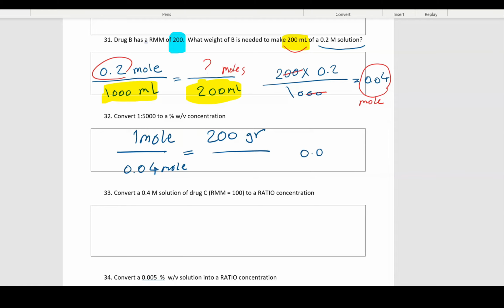So 0.04 times 200 divided by 1. With 2 zeros we move the point in front of the 4. So 4 times 2 is 8. So what weight of B is needed? We need 8 grams of it.